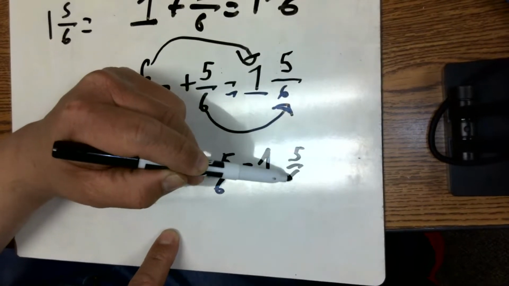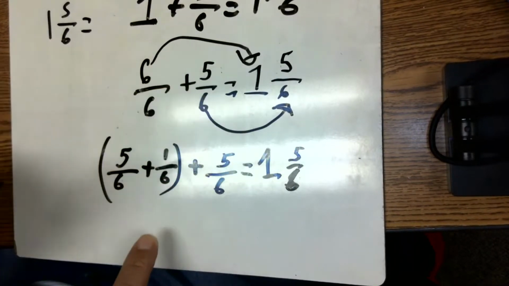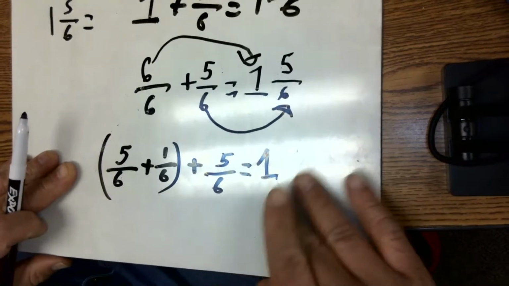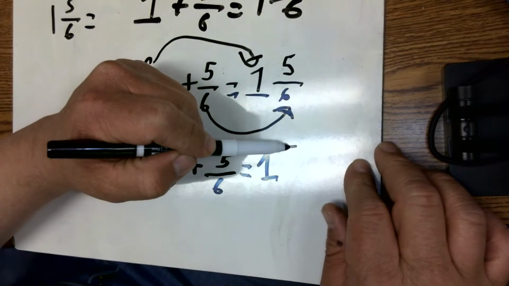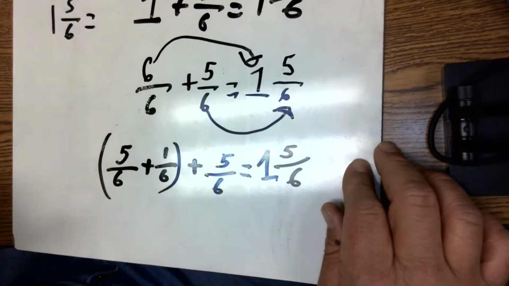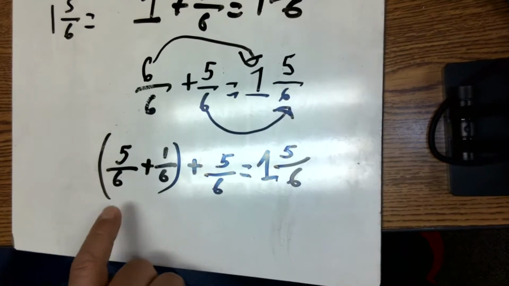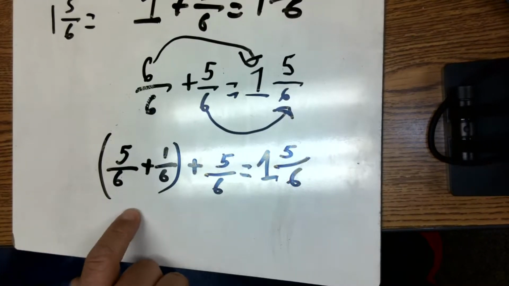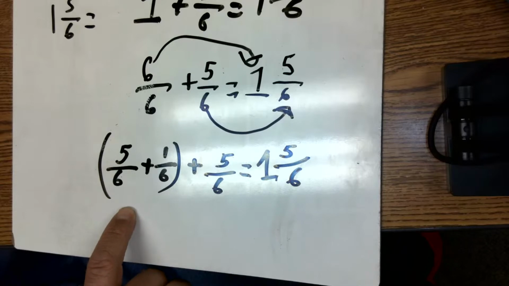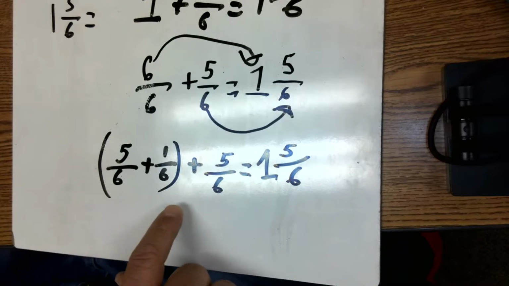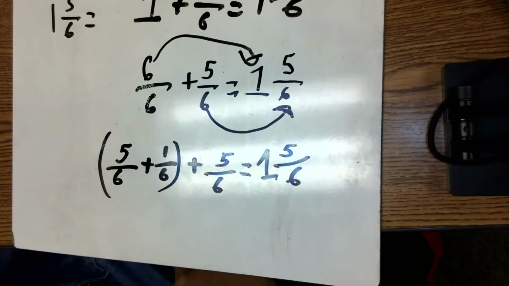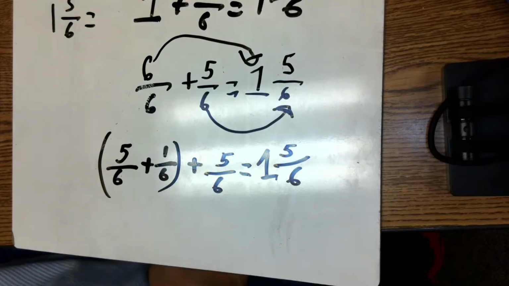And again, it's 1 and 5/6. Because in math, whatever you put in parentheses, you have to do it first. And these have to be added together because you put the parentheses around them. So 5/6 plus 1/6 plus the other 5/6 is 1 and 5/6. But I thought that might be a little confusing for you.